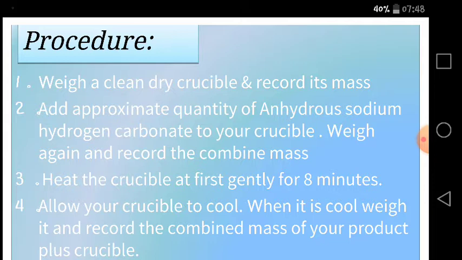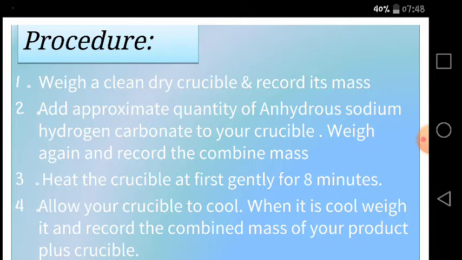Secondly, we have to add an approximate quantity of anhydrous sodium hydrogen carbonate to your crucible. Weigh again and record the combined mass. This will help you to calculate the weight of the anhydrous sodium hydrogen carbonate.